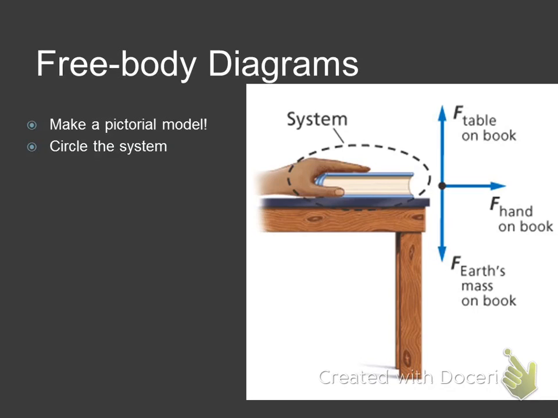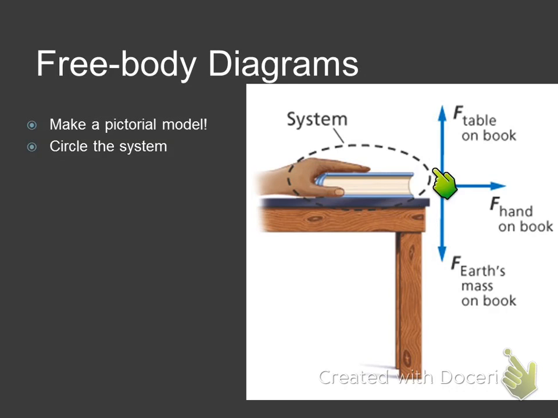So when we're dealing with a free body diagram, a lot of times your book tells you to circle the system or indicate the system with a dot. Okay, and that's usually how I indicate the system, is just with a dot, rather than trying to draw a book or draw whatever they're trying to tell me is being acted on, whatever the system is. Usually we can just indicate it with a dot.